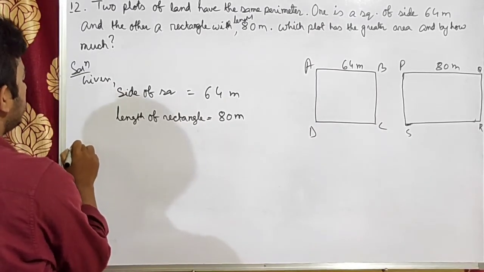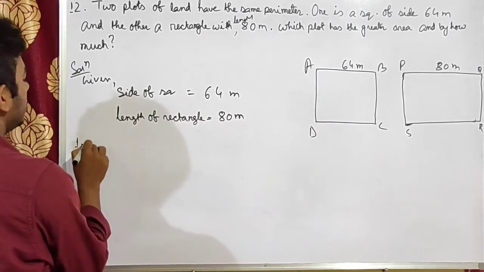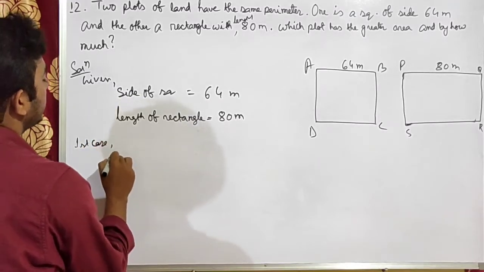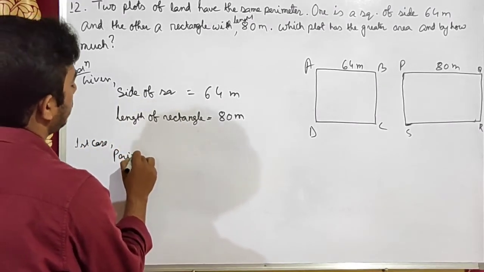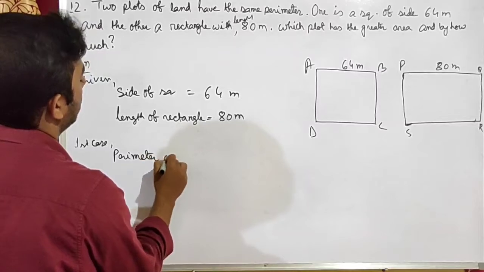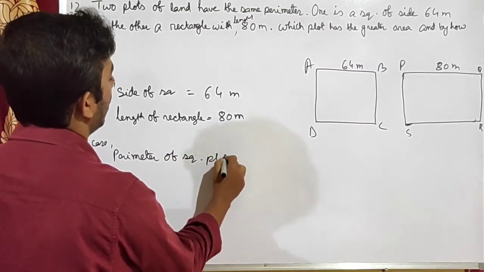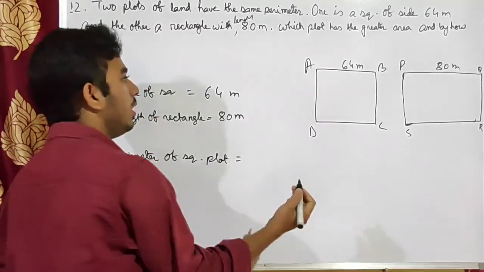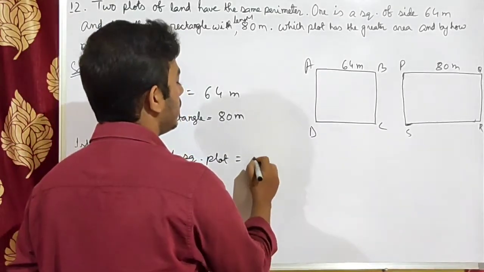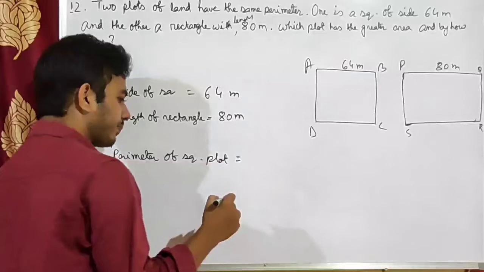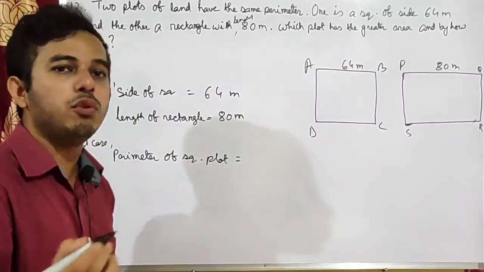Now let us find the perimeter of the square. First case, perimeter of square plot. Perimeter of square means 4 into side.